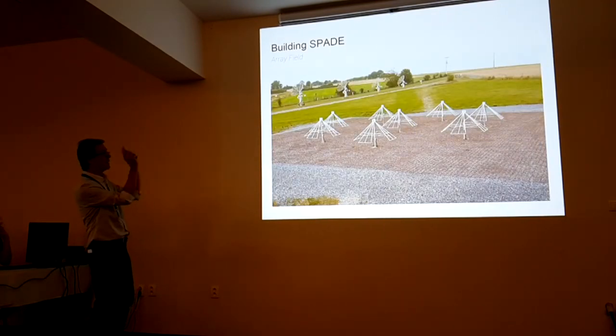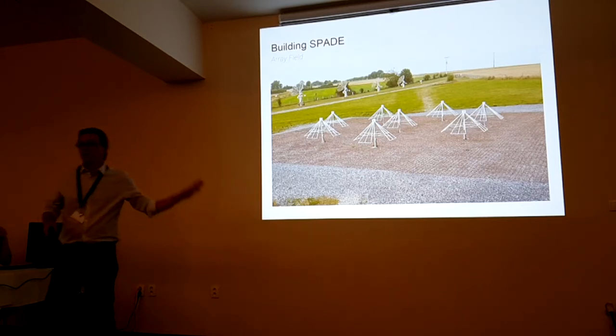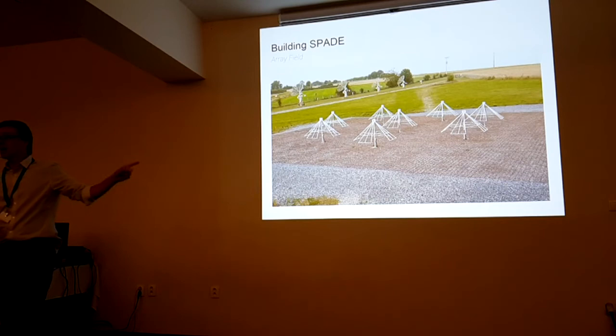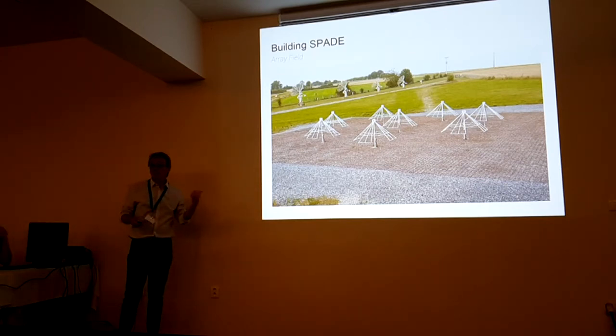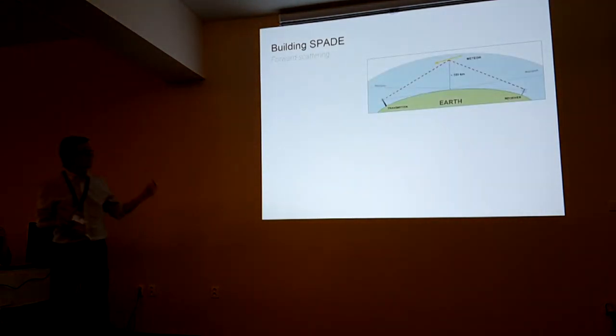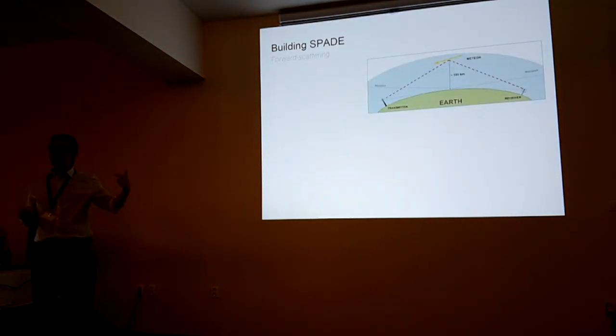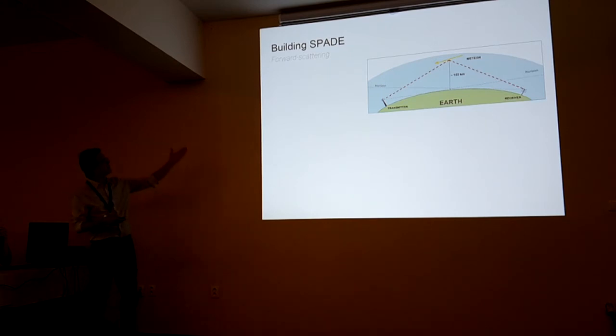Here we have the antenna array field. But it's not ready yet, because we don't have the beamformer ready. Nevertheless, I need to test if this thing works. And for that, what I did is take some memories from my golden years. Forward scattering is a technique which is quite easy.